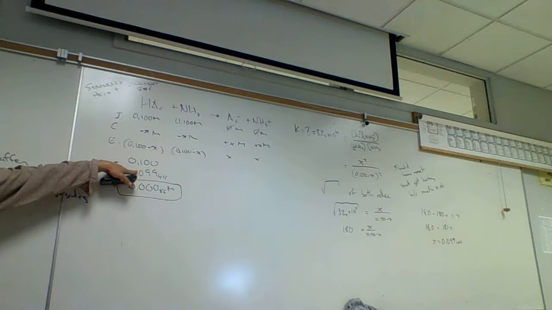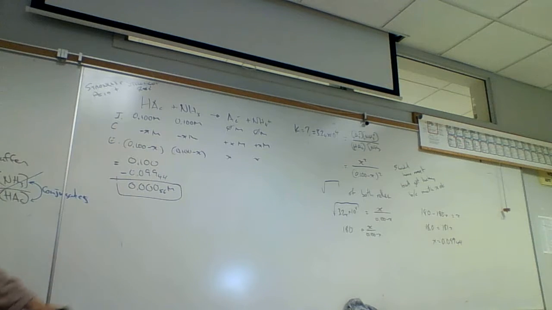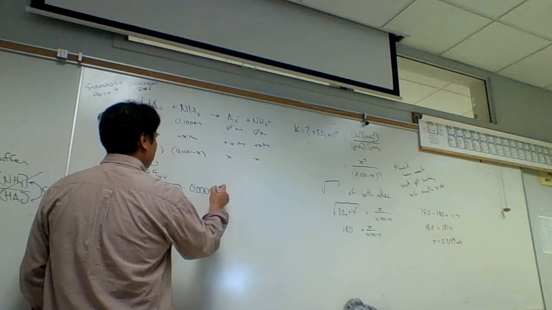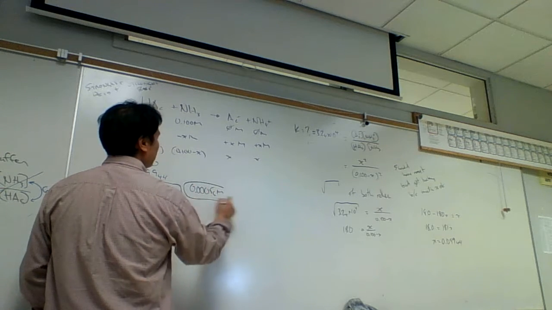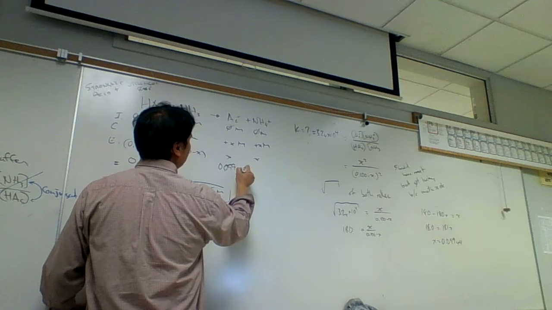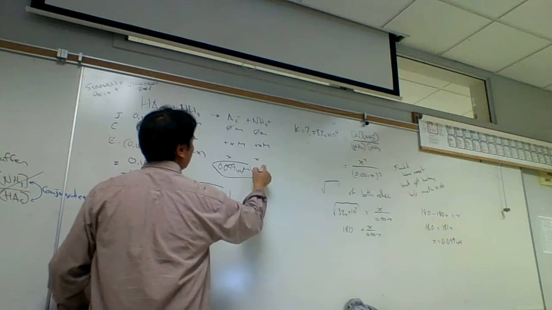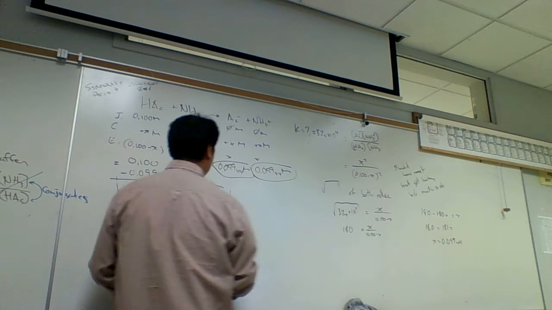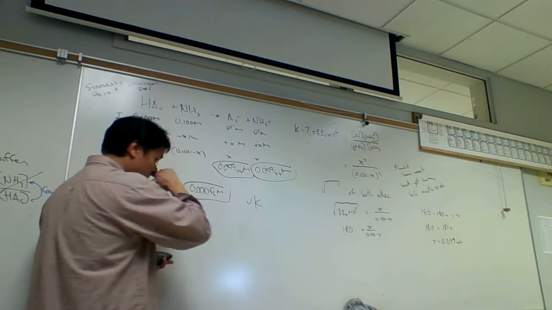Simplifying assumption for sure would have failed. We should have reset it, but again, I don't need to. 0.00056 molar here, and then over here I'm going to get 0.09944 molar and 0.09944 molar.